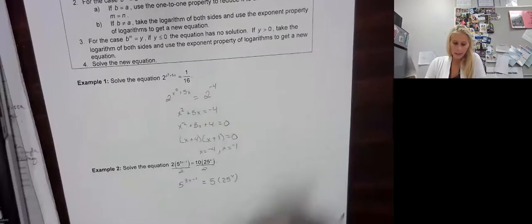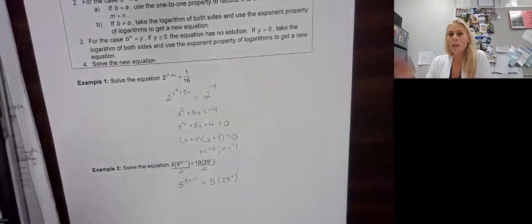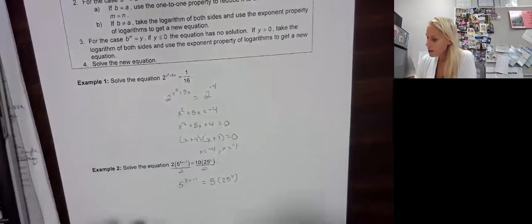Now, this is where I want you to be very careful. Remember that in order of operations, we have to deal with the exponent first before we divide, or multiply. So do not multiply the 5 and the 25, okay?